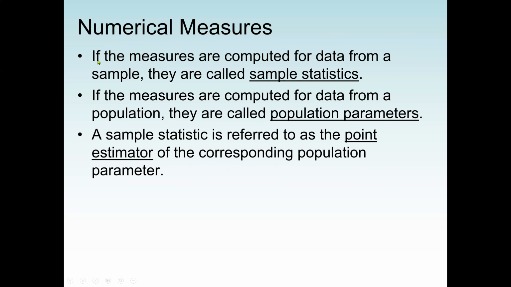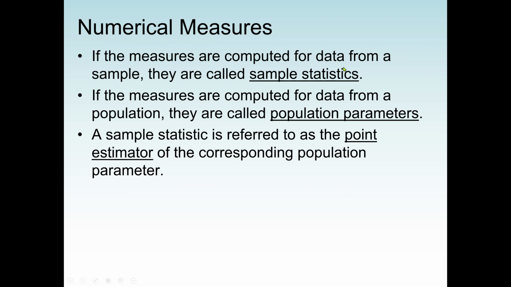So we said if the measures are computed for data from a sample, that's if we use a sample to find the measures of a data set, we call them sample statistics. Now, if the measures are computed for data from a population, we normally use the term population parameters.